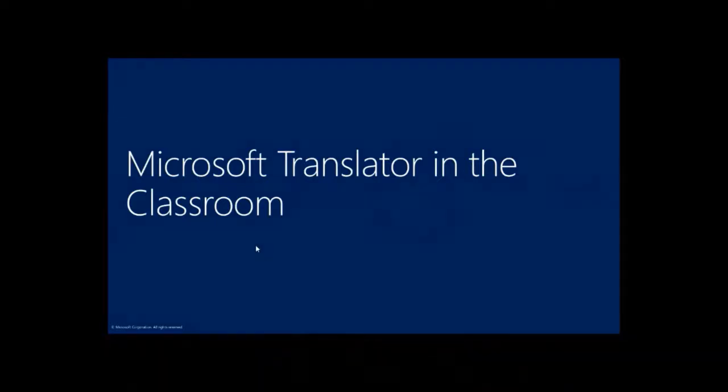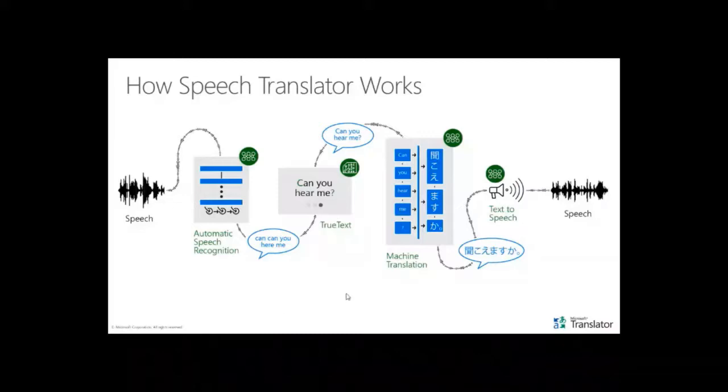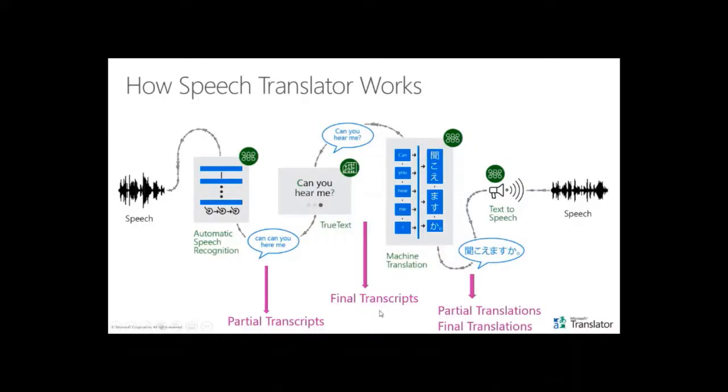So the underlying tech. I mentioned speech translation. Speech translation more or less takes the speech signal, like what I'm doing right now, and generates transcripts from that signal. It runs through what's called automatic speech recognition to generate transcribed output. Now, we don't talk very fluently.